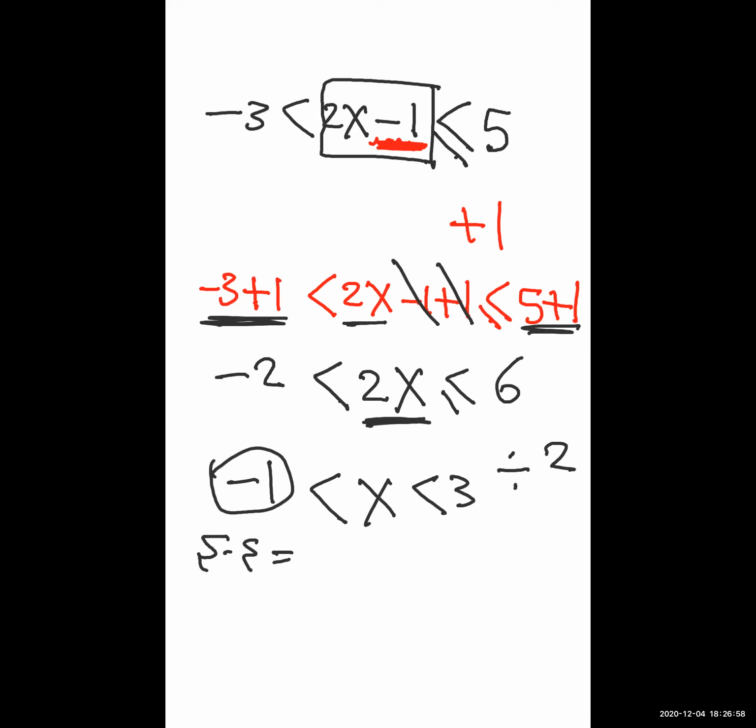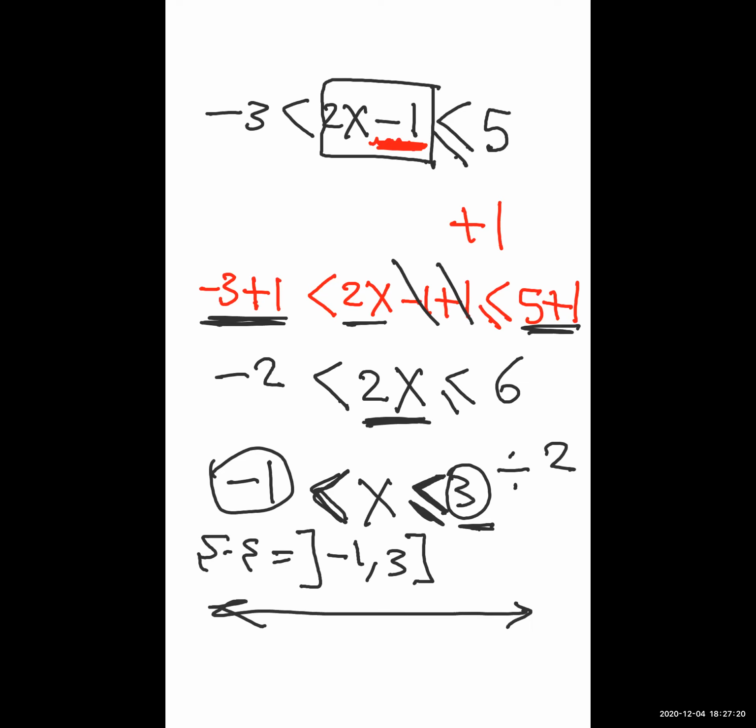It's open from the side of negative 1 because there is no equality sign, and also open from the, oh, sorry, there is here less than or equal. Okay, so it's open from negative 1 and closed from the side of 3. Now represent it on the number line. x greater than negative 1 and less than 3.